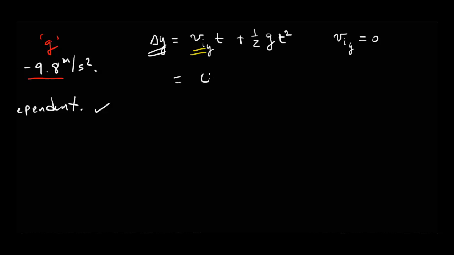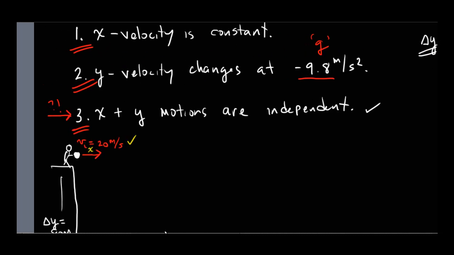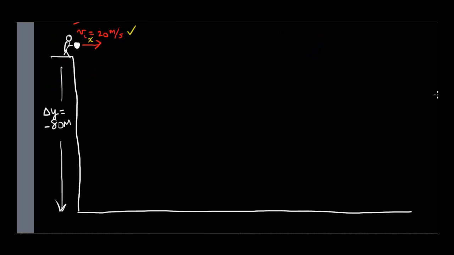So I get 0 plus 1/2 of g, which is negative 4.9, times 1 squared. So that's roughly negative 5 meters. I'm just going to round it to negative 5 to make my life easier. So after 1 second, it's only gone down 5 meters. So let's say that's 5 meters down.